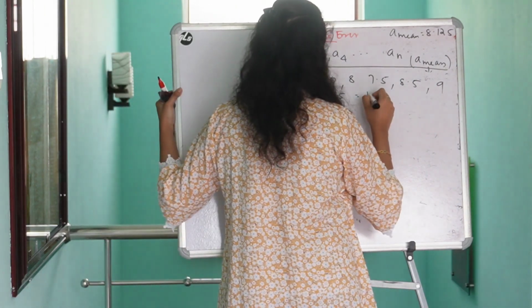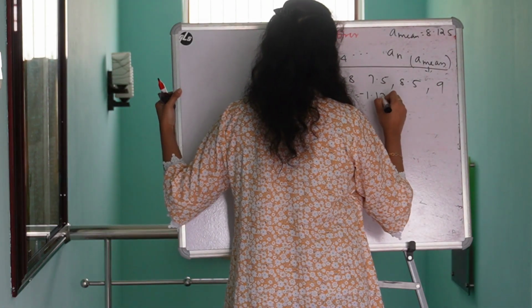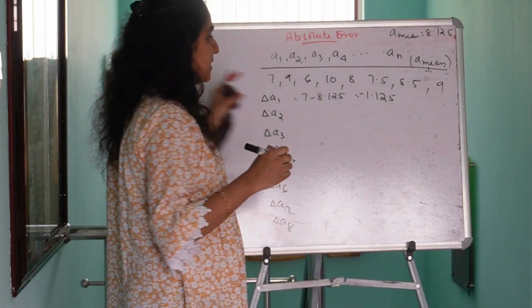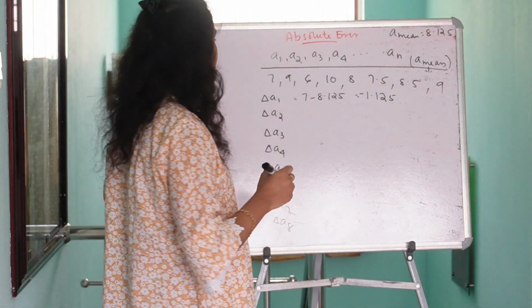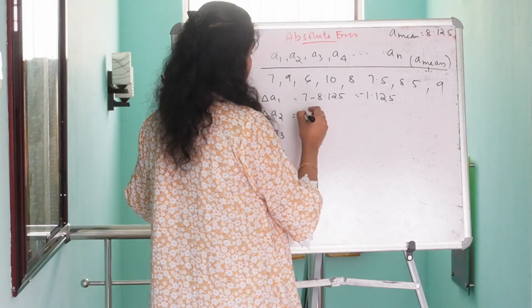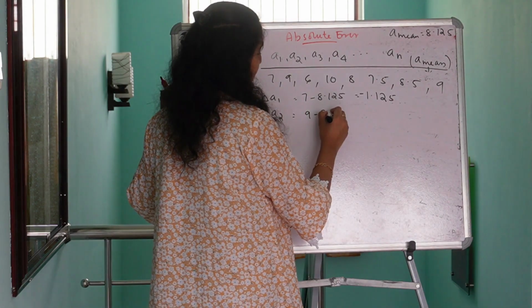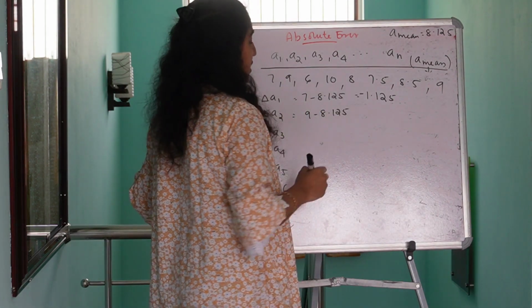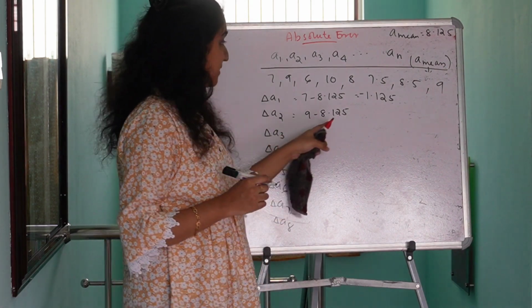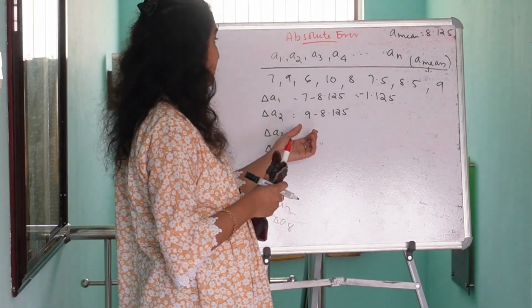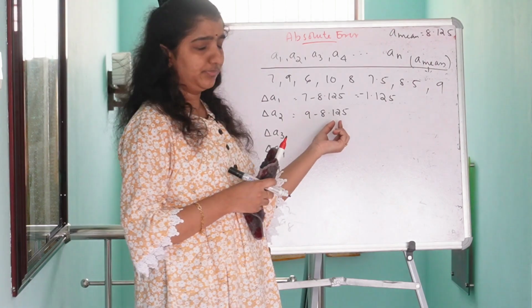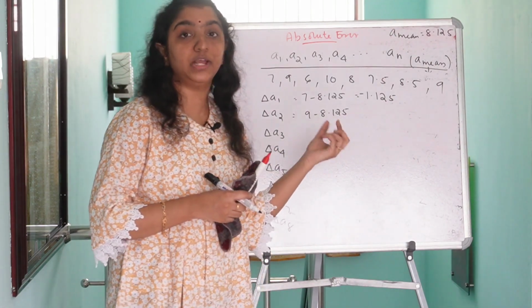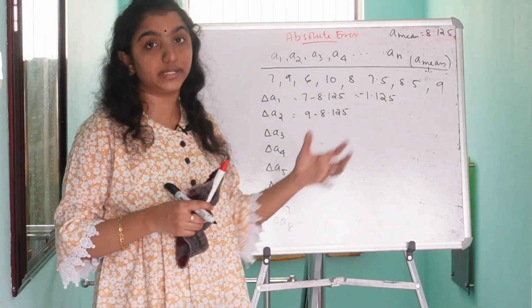So what is the error? Minus 1.125. Is it clear, guys? Yes. So what is the error in the next measurement? 9 minus 8.125. Obviously we will get a positive error because the measured value 9 is greater than the actual value.